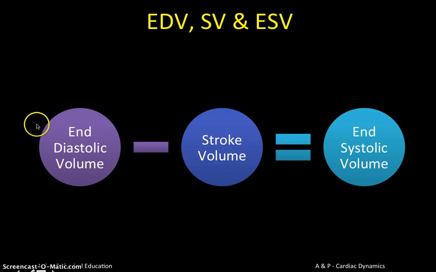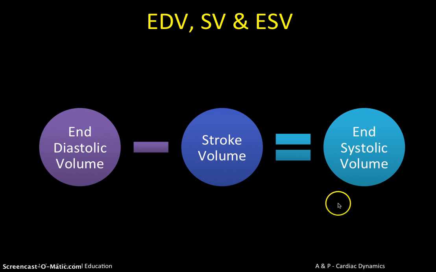So during this process, the heart is filling with blood, and EDV is the value of how much blood has filled the heart. Stroke volume, we also know, is how much blood is ejected from the ventricles per beat. So the ventricles fill, the ventricles contract, and they eject a certain volume, typically about 70 millilitres on average at rest.